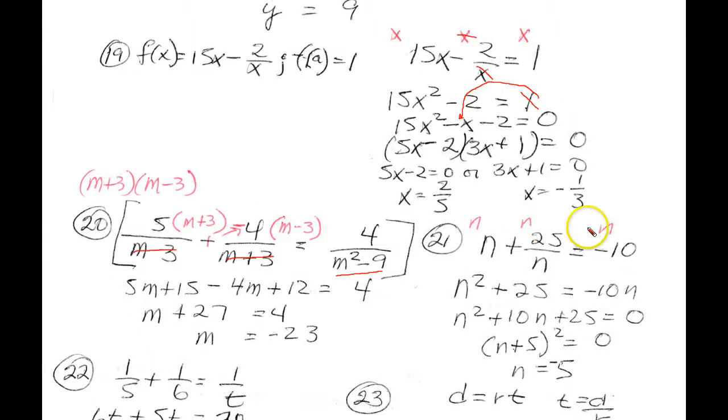Got to multiply everything by n. Now when you do it, you get this, which is a perfect square trinomial that factors into its binomial squared. Equal this to 0. We get n equals a negative 5. Now it's negative 5 and negative 5. When you get the same answer, you only write it once. Okay.